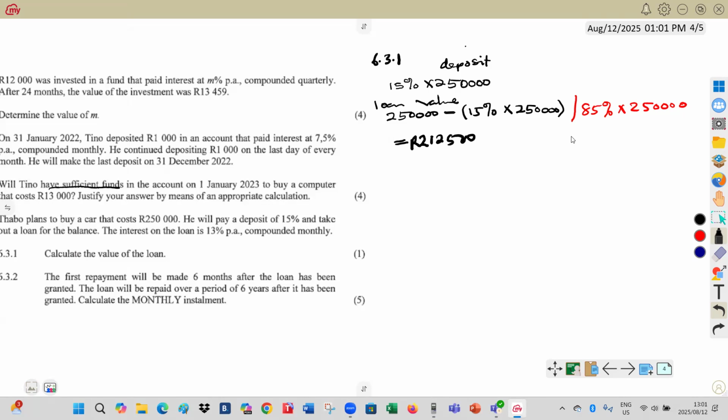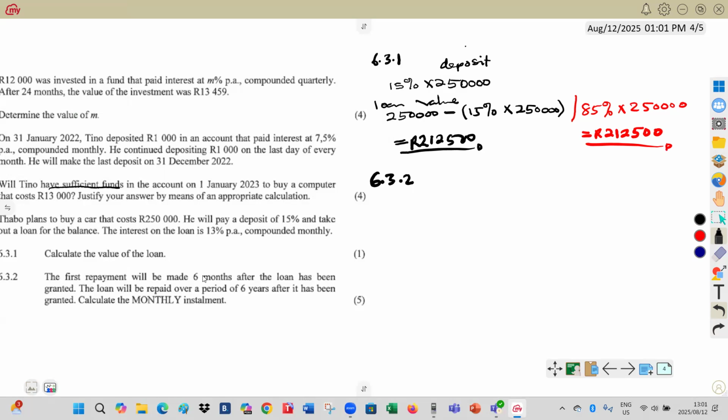That's the loan value. Then we go to the next question, 6.3.2.